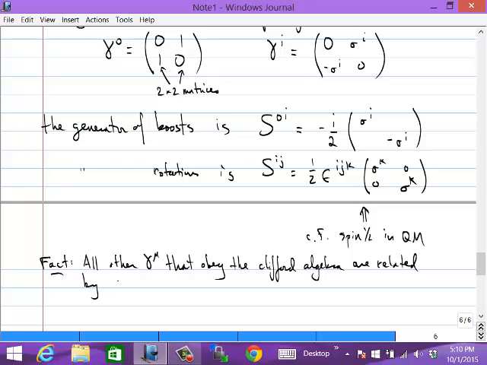So they're all related by a change of basis to those above. I should specify 4 by 4 gamma matrices.